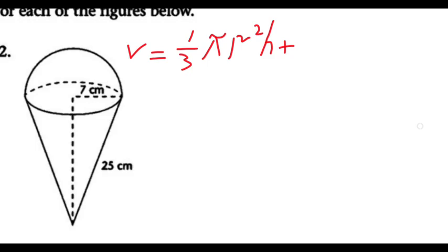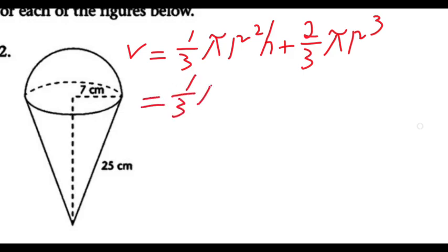For surface area we always modify the formula to use only the lateral surface area. So 1/3 pi r squared h plus the volume of the hemisphere, which is 2/3 pi r cubed.